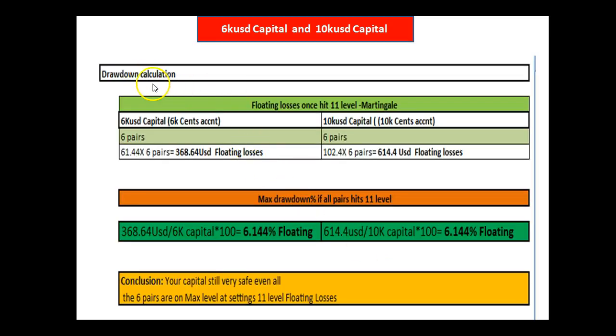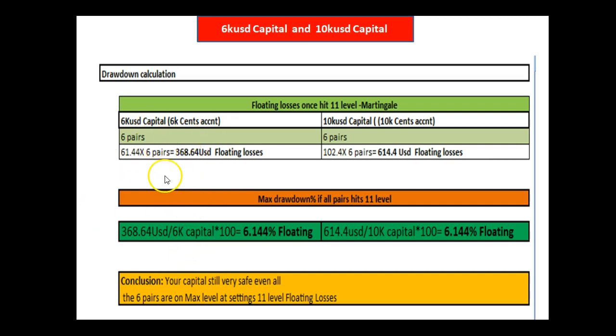So, drawdown calculation for your 6k capital. We still use a cents account, which means your capital is 600,000 cents.